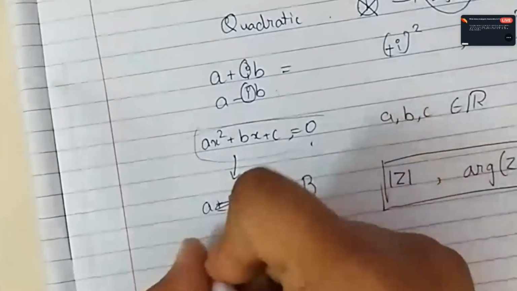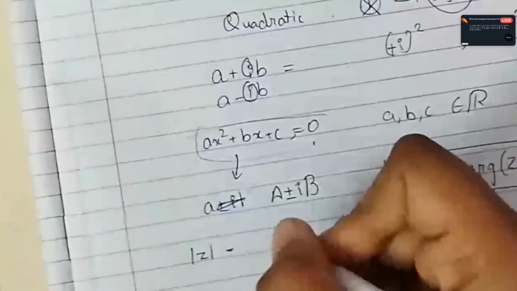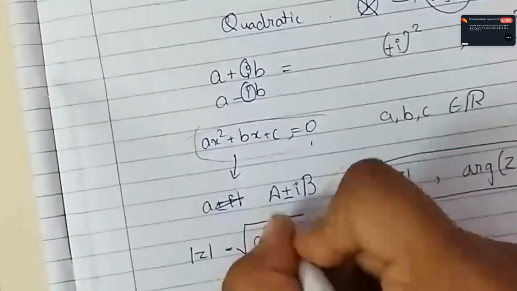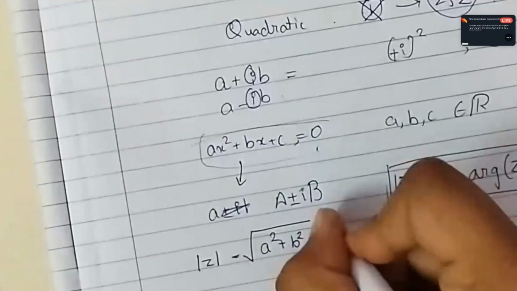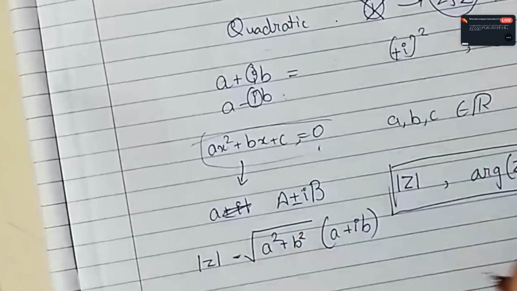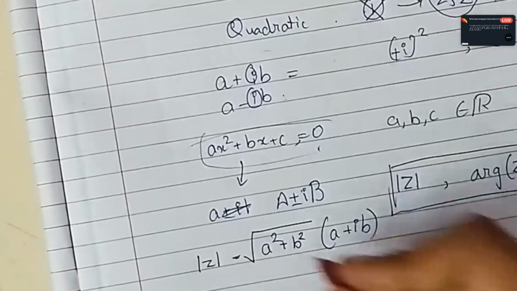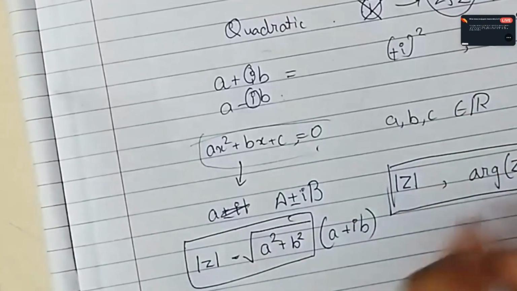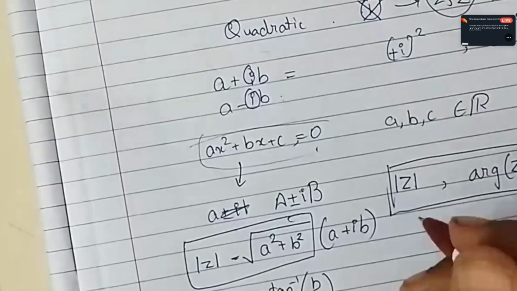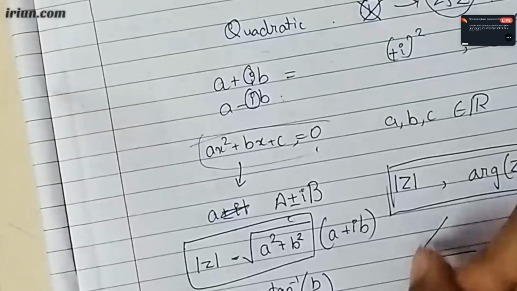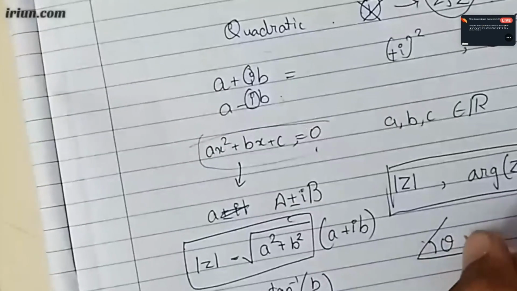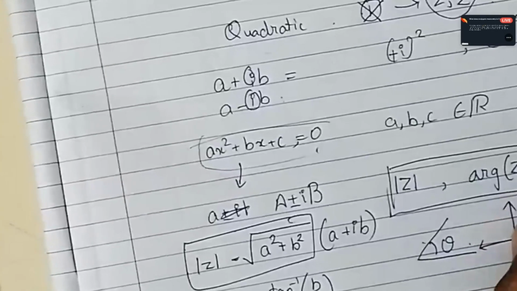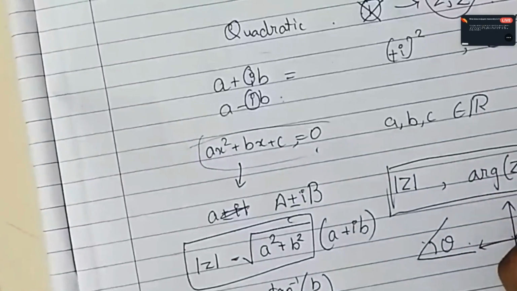The modulus of the complex number, or the real impact of the complex number, is considered to be the square root of a square plus b square, where the number is a plus iota b. And the argument of the number is basically the angle it is forming. If we see in the planar form, the argument is the angle that it forms. This theta is the argument.